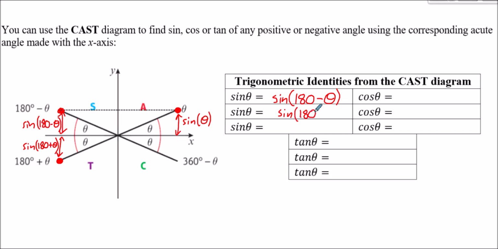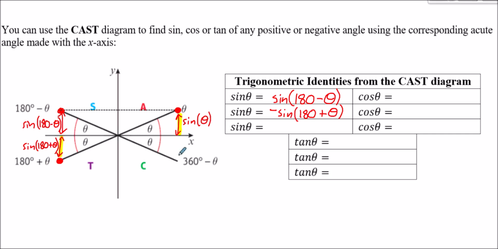But think about where this point is in relation to the x-axis. The magnitude of sine of 180 plus theta will be the same as sine theta over here, because, to put it simply, the length of this line is the same as the length of this line. Only this one here, because it's below the x-axis, this will be negative. So in other words, sine theta is the same as minus sine of 180 plus theta.